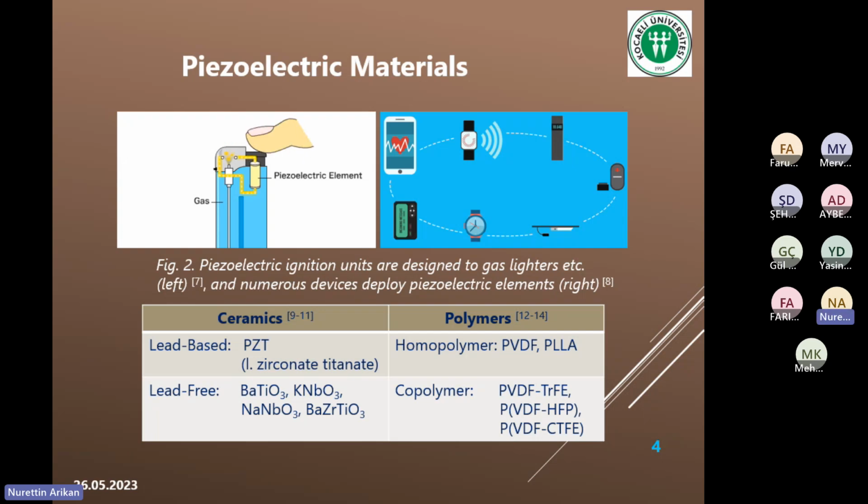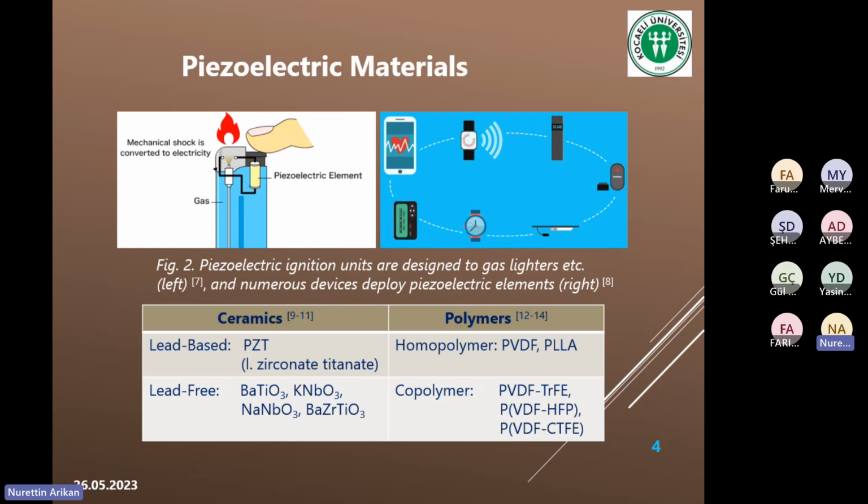PVDF is the commonly used piezoelectric polymer because it has a piezoelectric constant not far from piezoceramics, but PLA is weak, and researchers are currently trying to increase its piezoelectric constant as well as both mechanical and electrical properties by particle doping or piezoceramic doping. But to sum up, PVDF is the one we should consider.